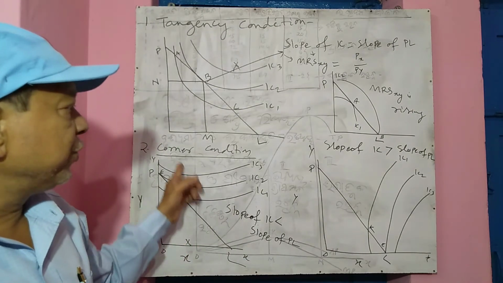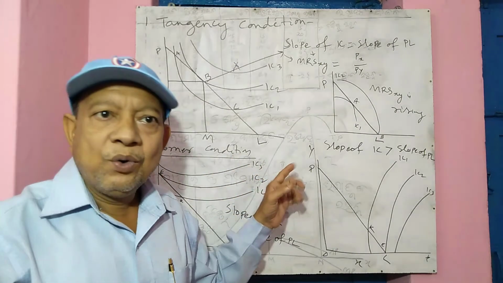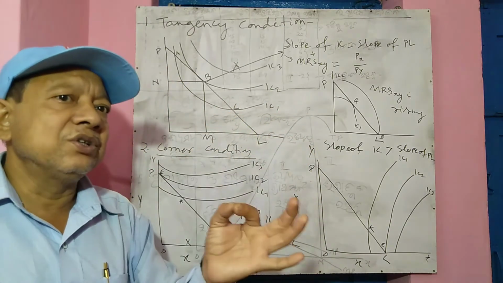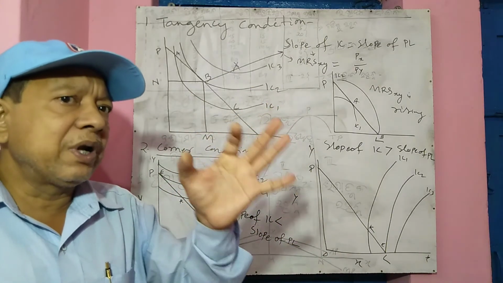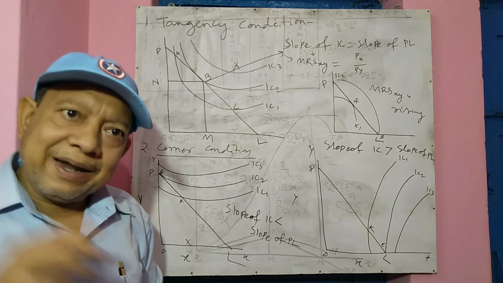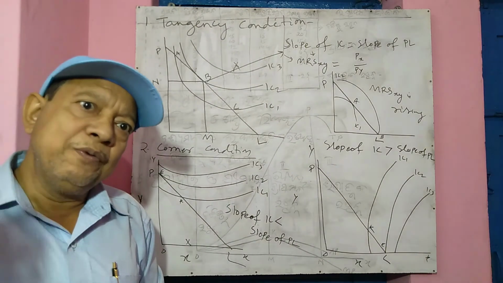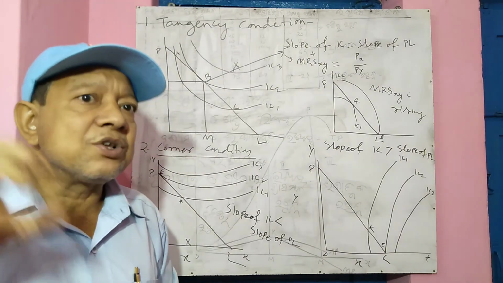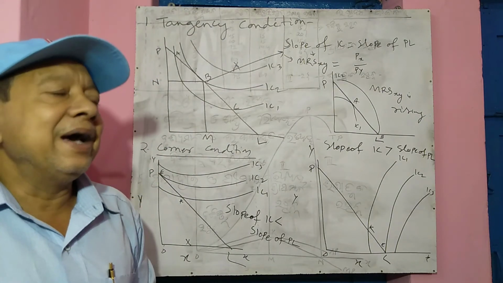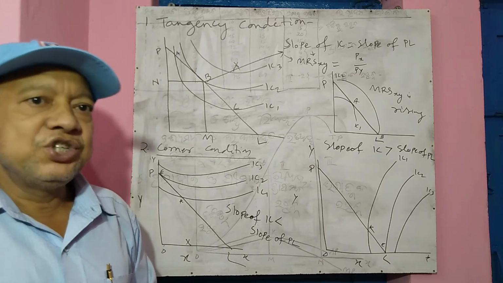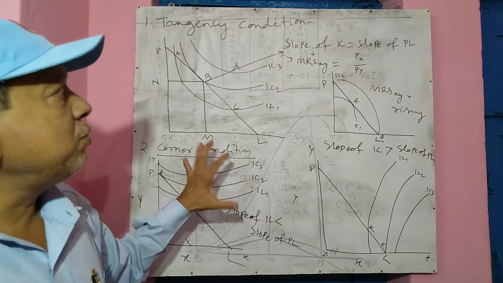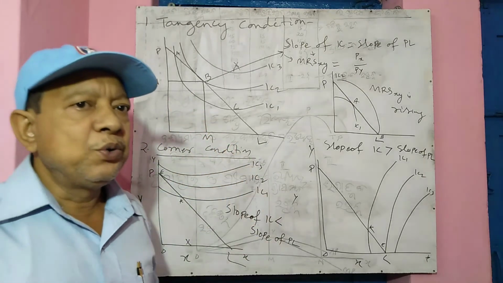Therefore, we go for the corner condition, where the IC and the price line meet each other at the particular corner of the price line. There, the consumer will be forced to get only good X or only good Y, and there he can maximize his utility. So this is all about the conditions of utility maximization.